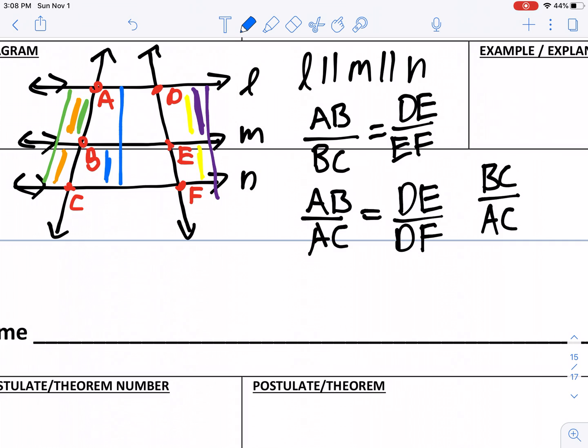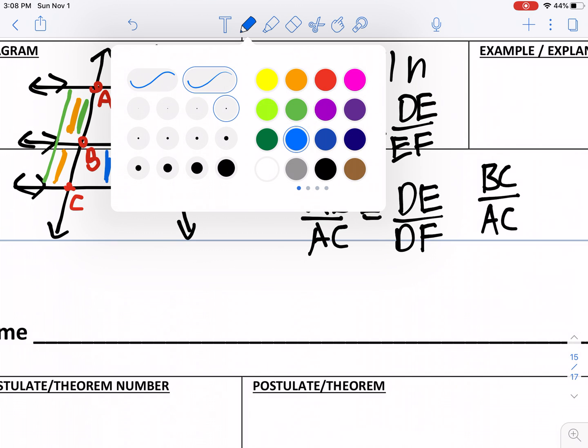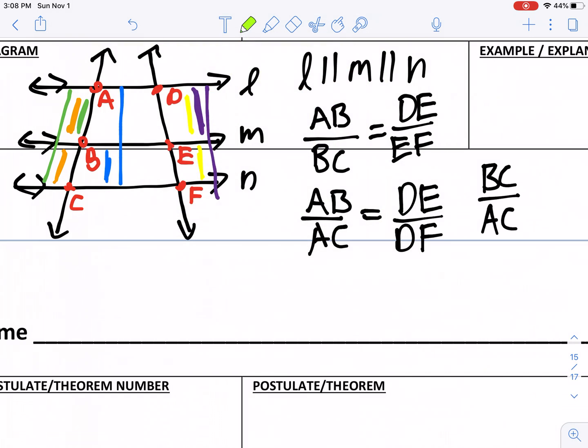What are its corresponding parts? Well, that would be the same thing as EF over DF. So BC over AC would be the same thing as EF over DF. Those ratios would be the same.